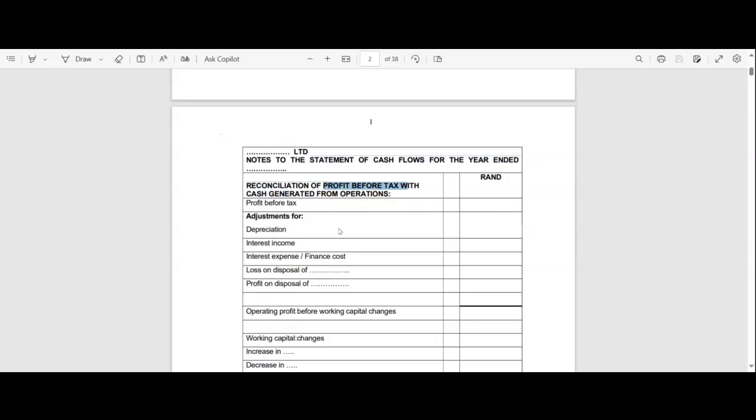We haven't negated or eliminated the effect of the accrual system yet. We've only taken out incomes and expenses that do not relate to operations. So once we've taken them out, what are we left with? We are still left with either a profit or a loss. If it's positive, it's a profit. If it's negative, it's a loss.